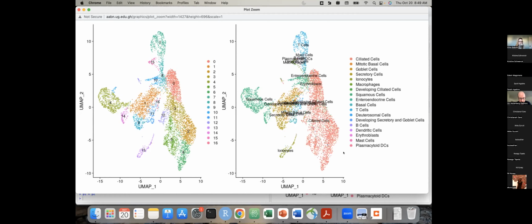What you can see is that this cluster 13 is very different. This is a special cell type called ionocytes. Cluster 4 here, in one of the olive green shades, is squamous cells. And these green cells up here are T cells. Then this big group of cells here is annotated as ciliated cells, but you see that there may be subsets of ciliated cells, or at least you can cluster and identify something that looks like subsets.